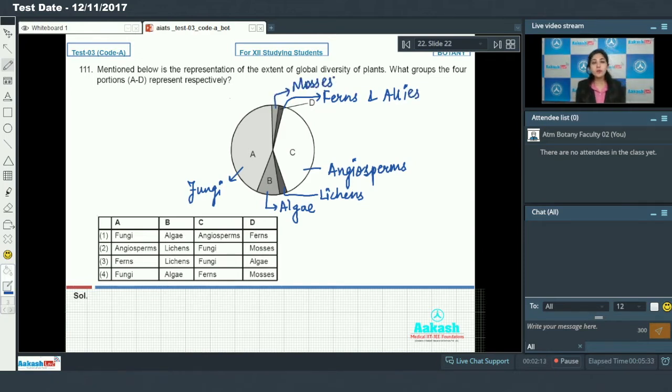This is also a memory based question, so you have to memorize it, you have to remember them. Okay, so by analyzing all this, we come to know that the answer to this question is option number 1.